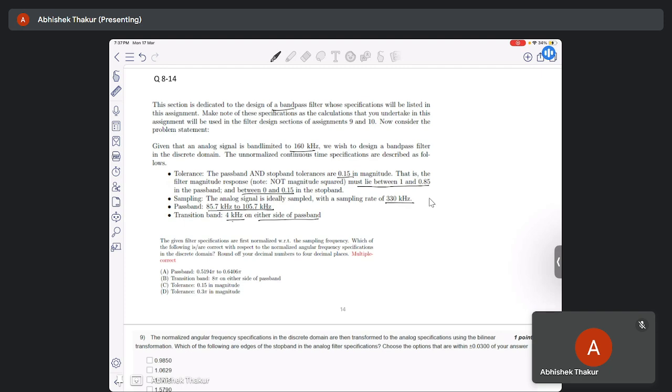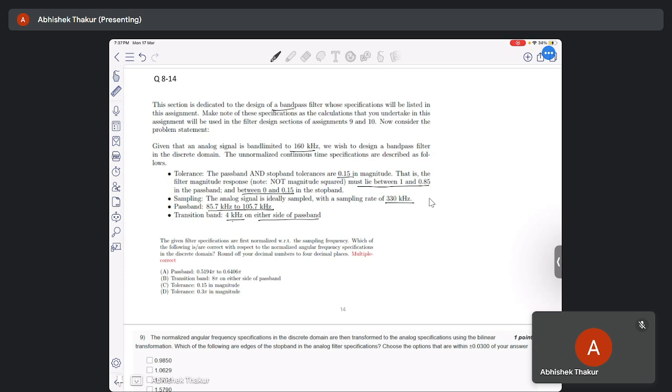Which of the following are correct with respect to the normalized angular frequency specification in the discrete domain? Round off your decimal up to fourth place. So the pass band, stop band, and transition band in the normalized angular frequency domain can be found using the method we have discussed in the second question.